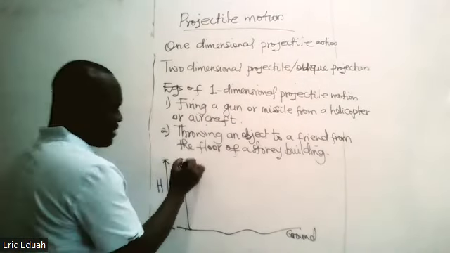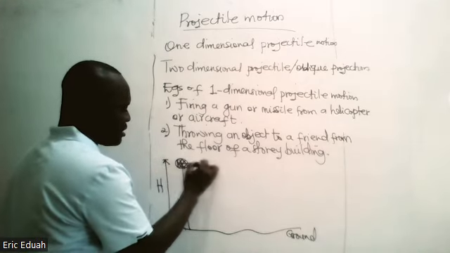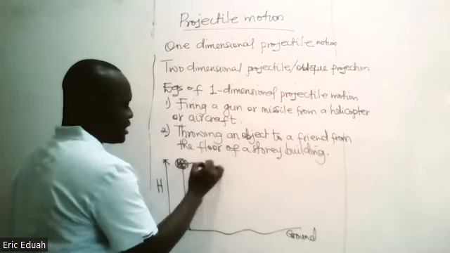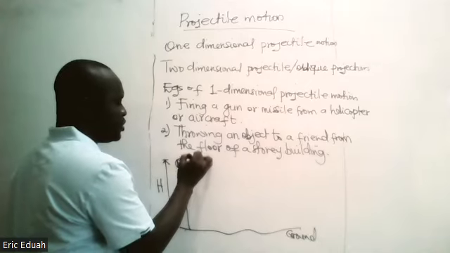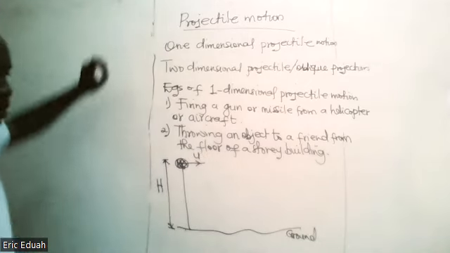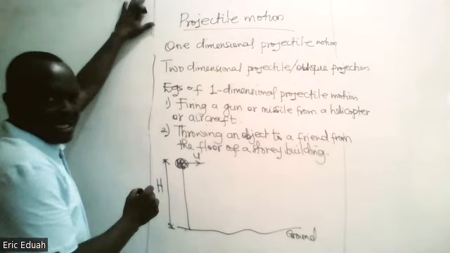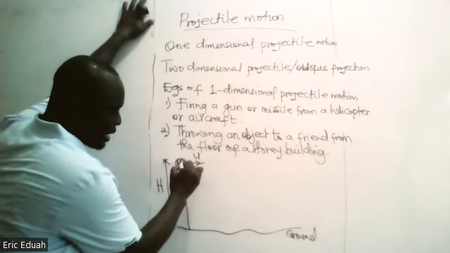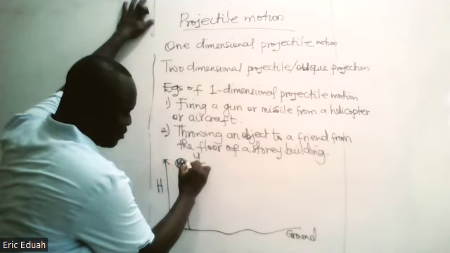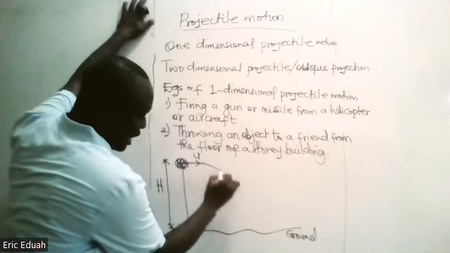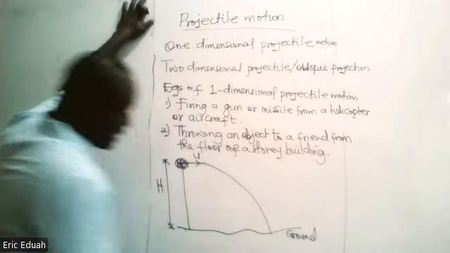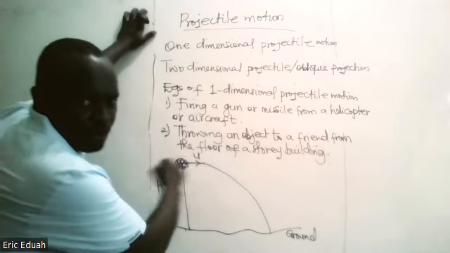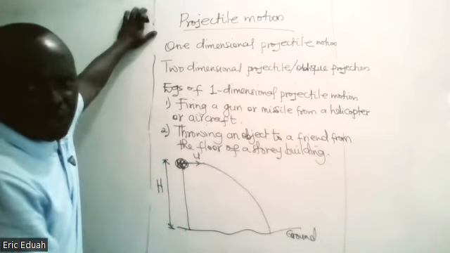Now the object is given an initial velocity u. When the object is fired or thrown, this is the path it will take. The object would go horizontally, and then with time will be directed downwards to the ground.